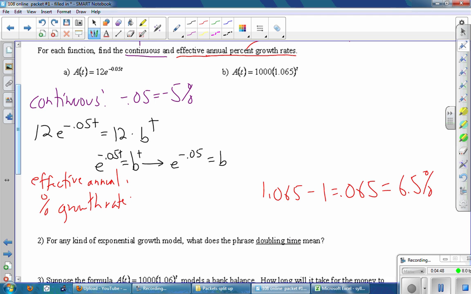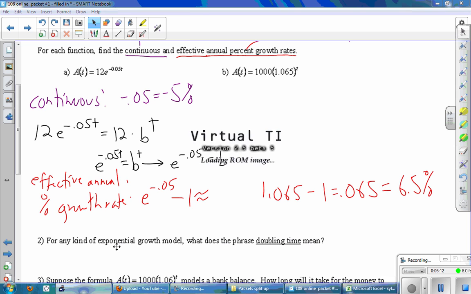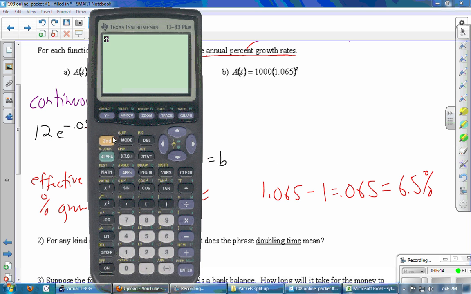Now it's just a calculator problem. So e to the minus 0.05, put it here in red, that's going to be the b. And then just like we did over here, we took the b and subtracted 1. So we're going to subtract 1 from this thing. So let's type this on the calculator. e to the negative 0.05.